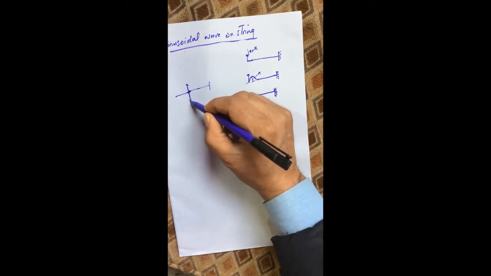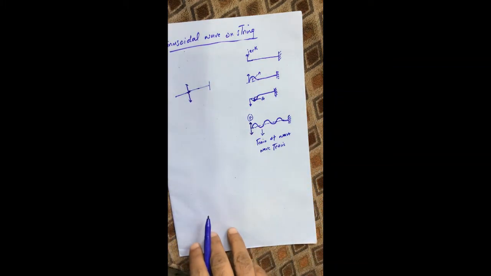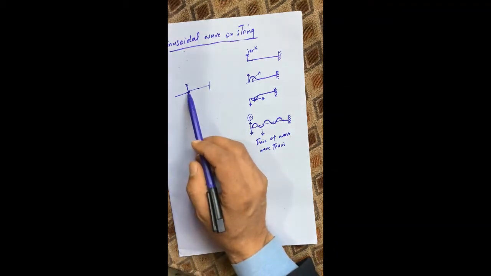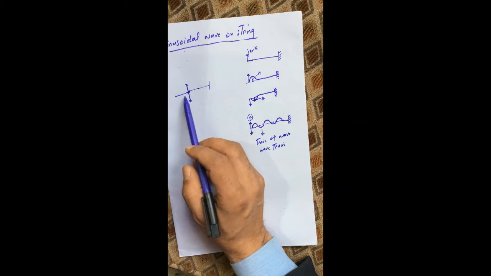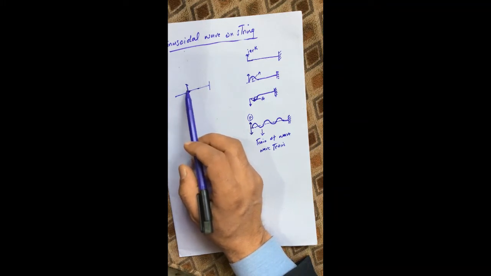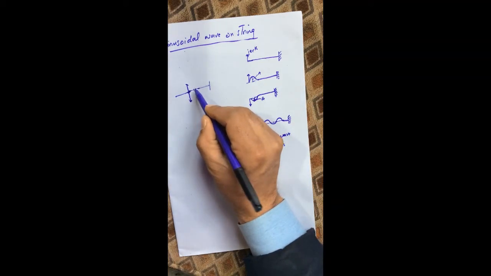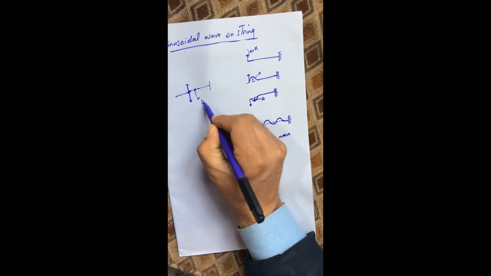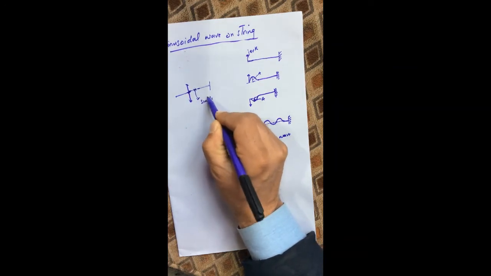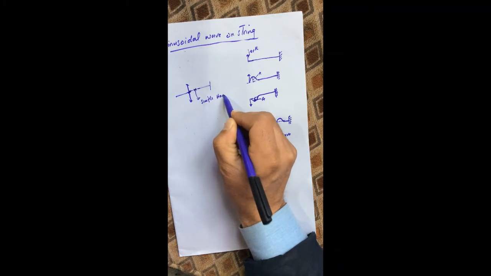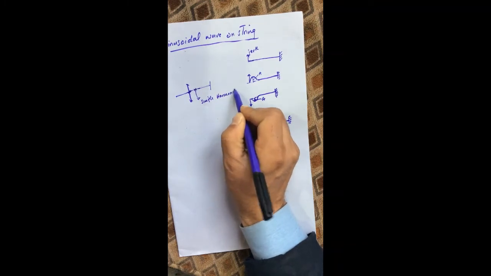Thus every segment of the string can be treated as a simple harmonic oscillator. If I consider a small segment of this string, then this segment can be treated as a simple harmonic oscillator.